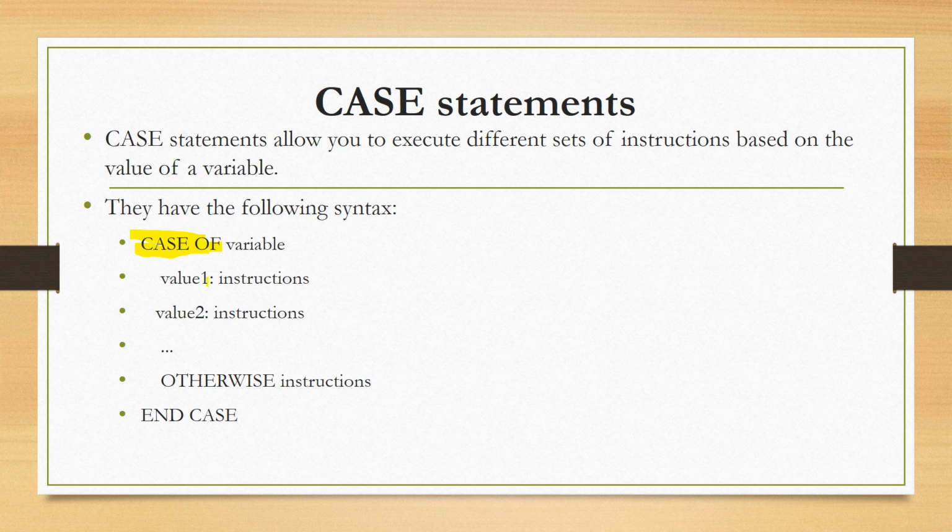Here we specify value 1, value 2, and so on, and with this you specify the instruction. Once you have specified all the values, then you write otherwise. Otherwise means if none of the values are matched, then this instruction will be executed. And then end case is also a keyword.